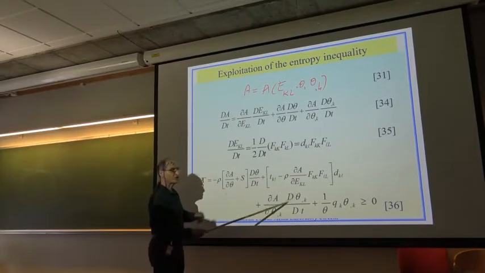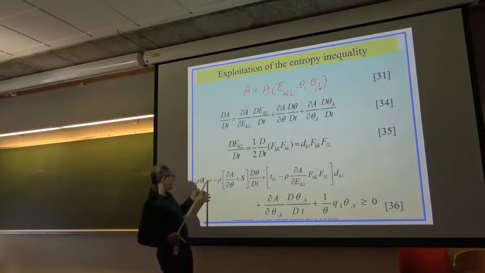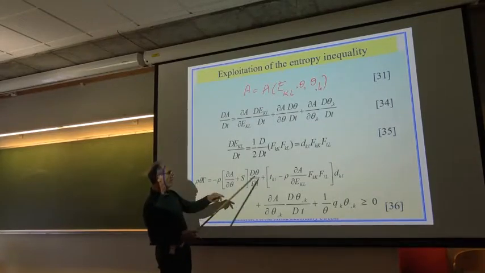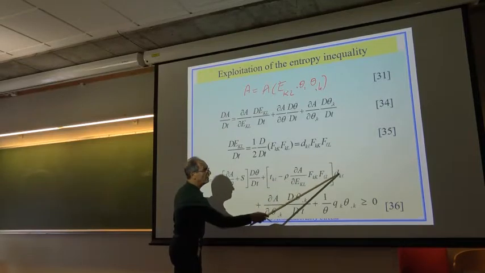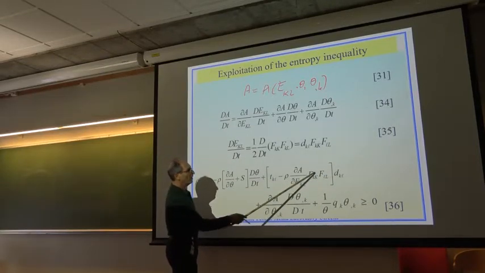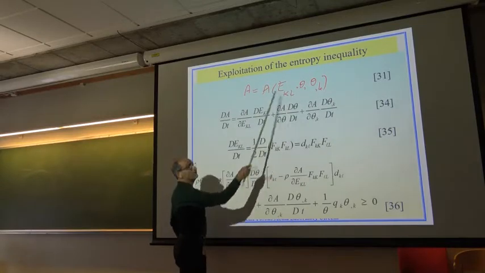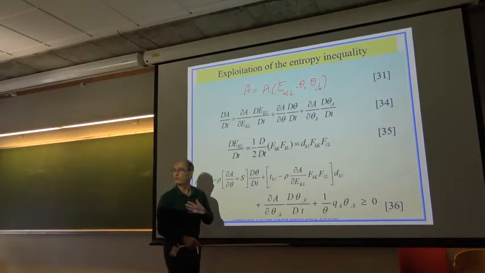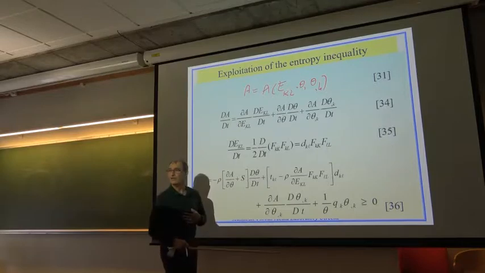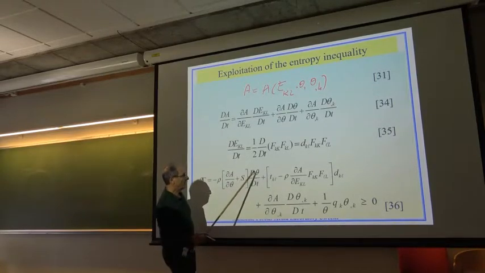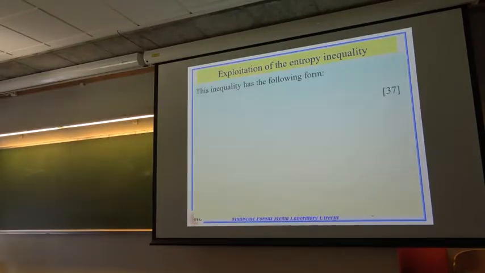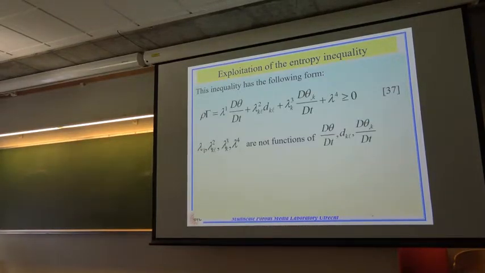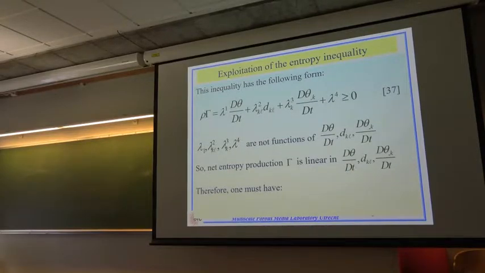So in this expression, this net production rate is a linear function of d theta dt. And also, in fact, a linear function of this, because this dkl is not in my list of independent variables. I chose that, and the same with this. So that's very interesting. These are all appearing linearly, and these are all not functions of it, and that's therefore gamma is linear.